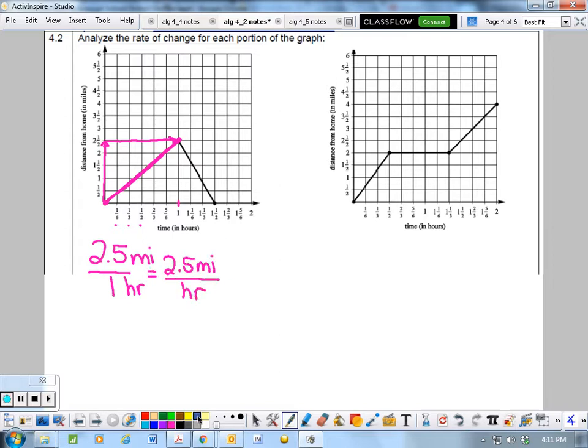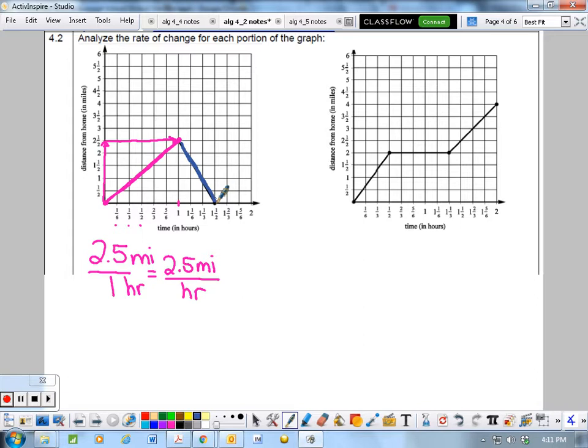But some of our problems are going to get a little bit more difficult. So now let's look at the second part of the graph. We're obviously going towards home. So our speed itself is going to be the absolute value. The sign, the negative, tells us the direction, so away or to.